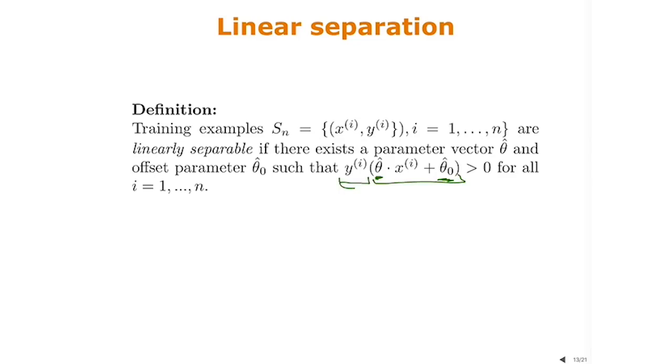This product is positive when the sign of this would agree with the corresponding label y. So if there is a linear classifier in the set that would correctly classify those training points, then the training points are said to be linearly separable. And we've already seen cases where that linear separation does not succeed. So the set of linear classifiers is inherently constrained.